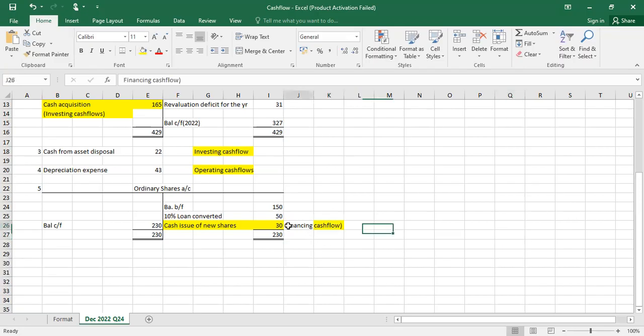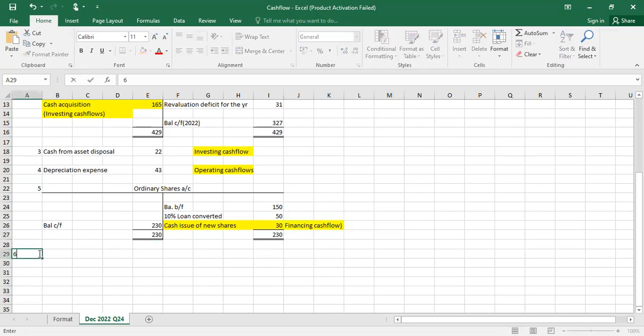And so that is it as far as the additional information is concerned. But remember, that is not all for the workings that we require. We do have more.